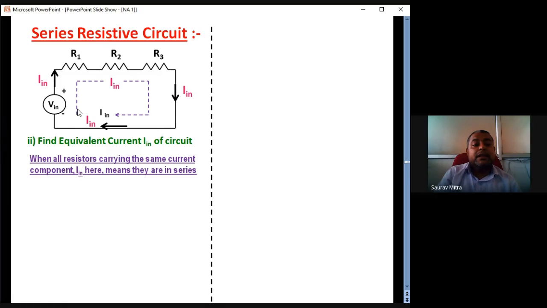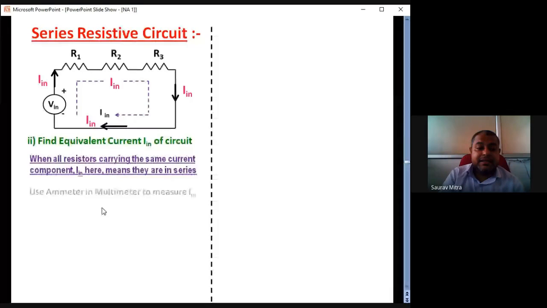Okay, so here this Vin is carrying the current I in. R1, R2, R3 all are carrying the same current I in. Hence Vin, R1, R2, R3 are actually in series. So that is what is written here: when all resistors carry the same current component I in, then they are in series.